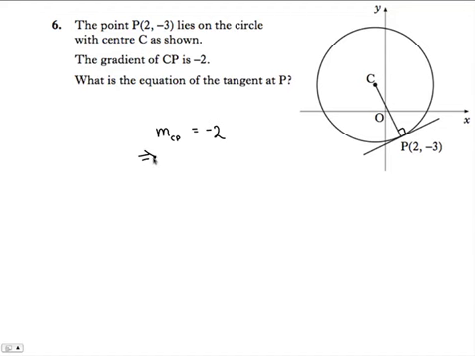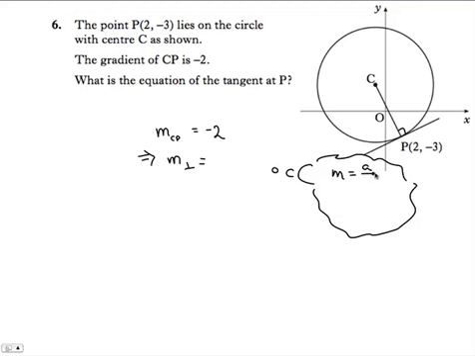The result we're using here is that if we've got the gradient being a over b, for instance, the perpendicular gradient would be the negative of that, and we turn it upside down.